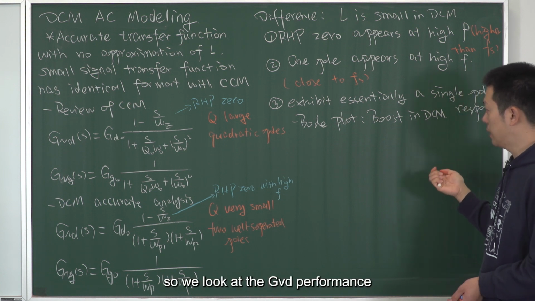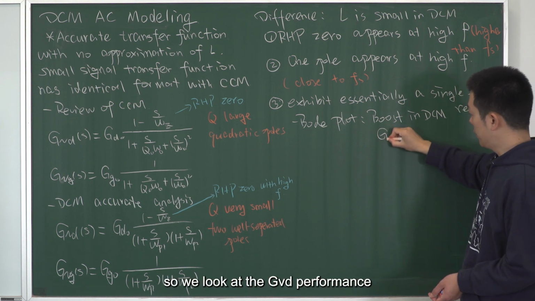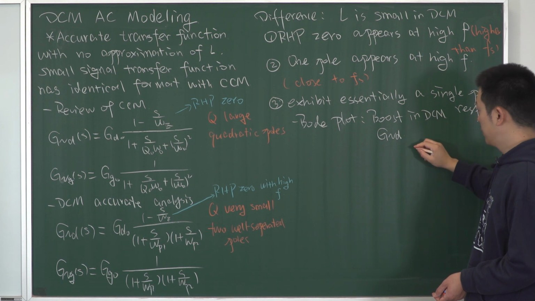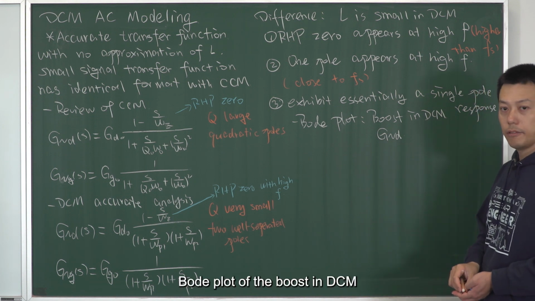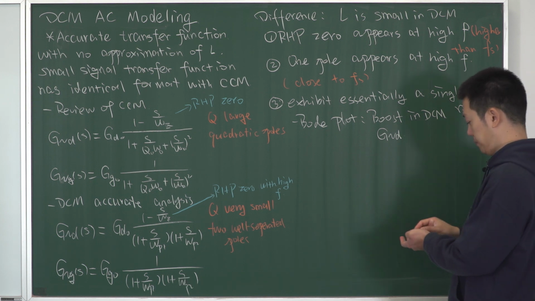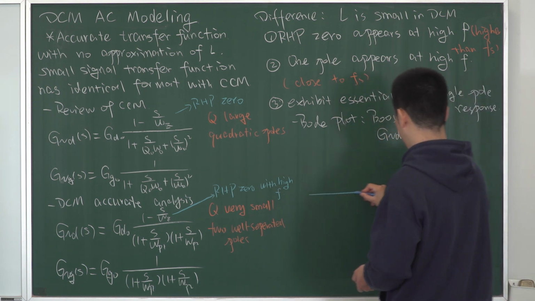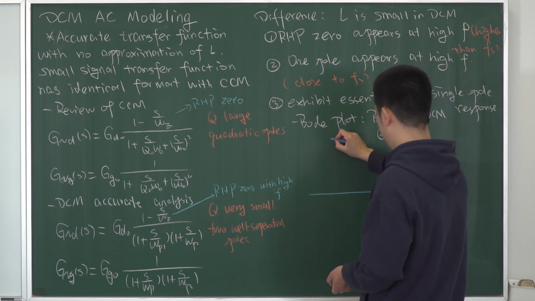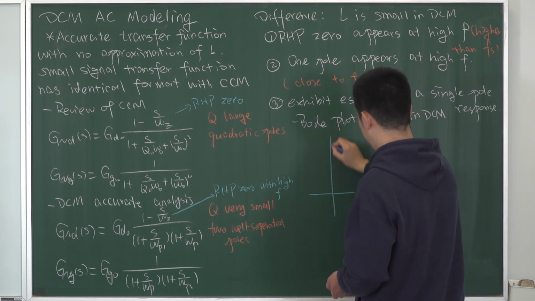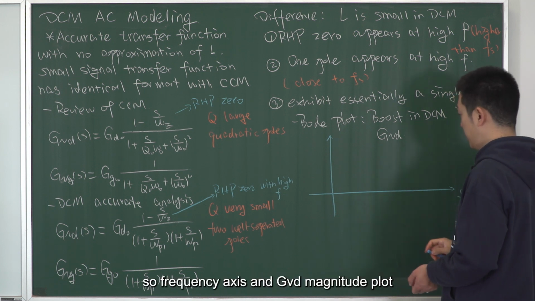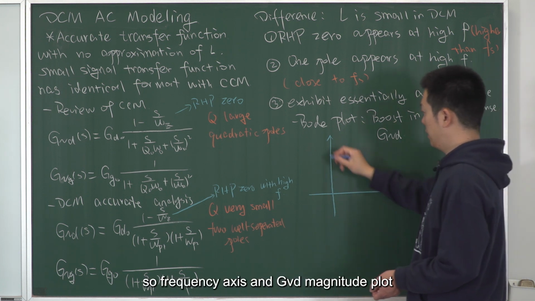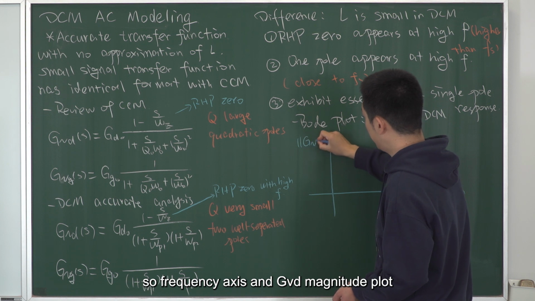So we look at the GVD performance, the Bode plot of the boost in DCM. So frequency axis and GVD magnitude plot.